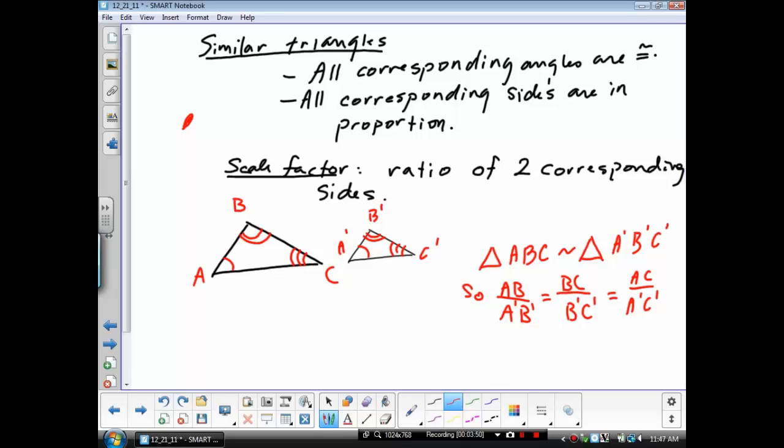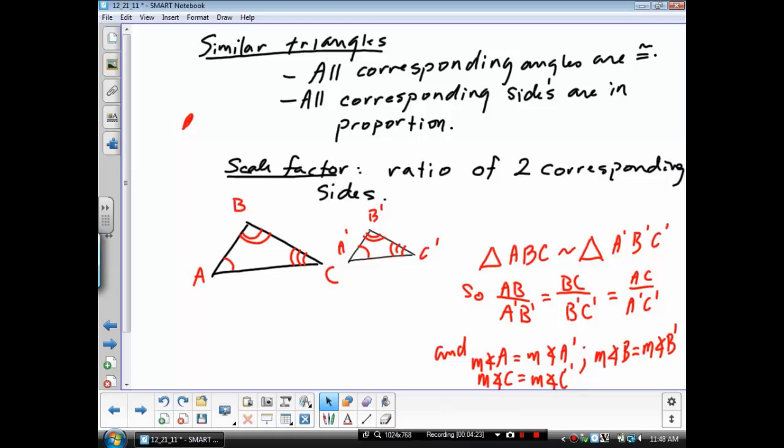All the corresponding angles have to be congruent. That's what it means when you state that two triangles are similar.